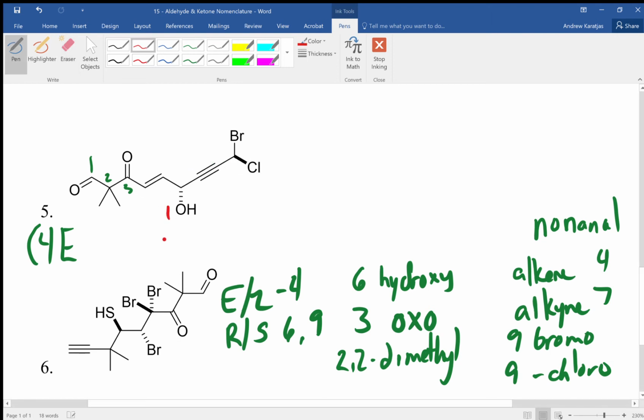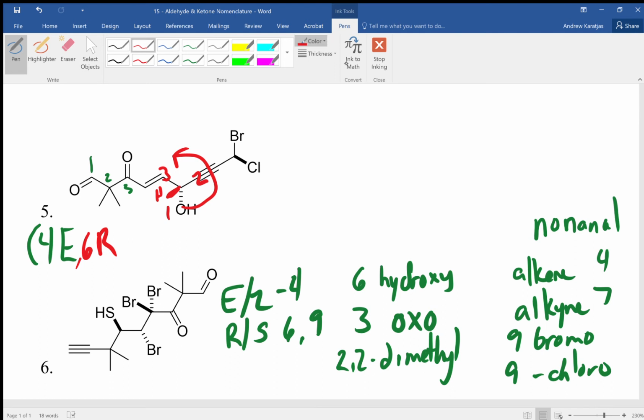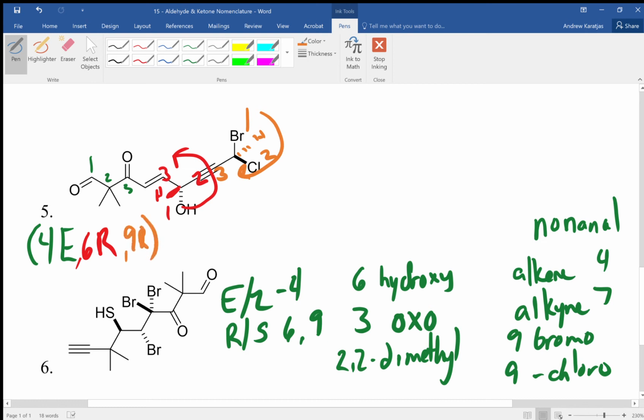Highest priority is the OH group, second priority is the alkyne, third priority is the alkene. Goes counterclockwise, but because the hydrogen points forward, we take the opposite. So that's 6R. And then at 9, bromine is highest priority, chlorine is second, and carbon is third. Hydrogen points back, so that is also R. So we've got our stereochemistry done.